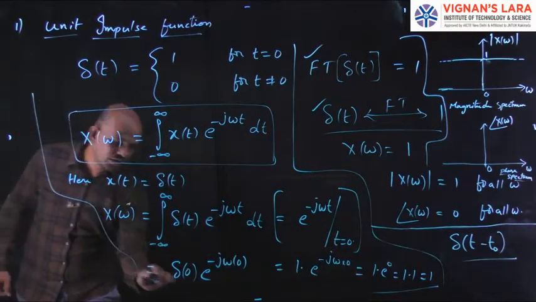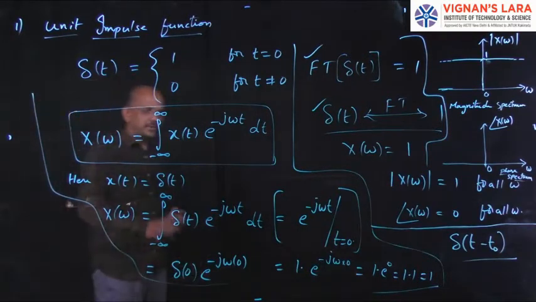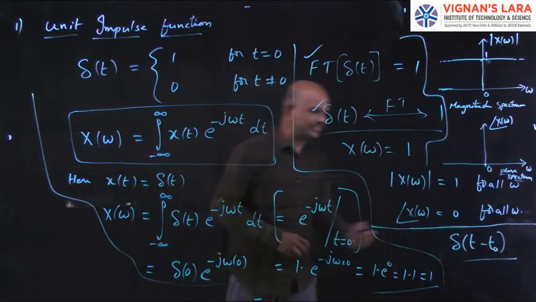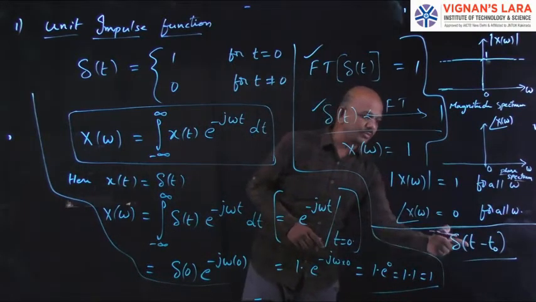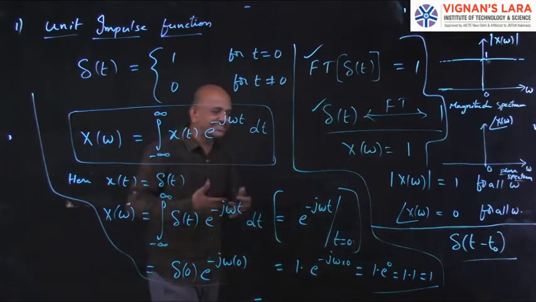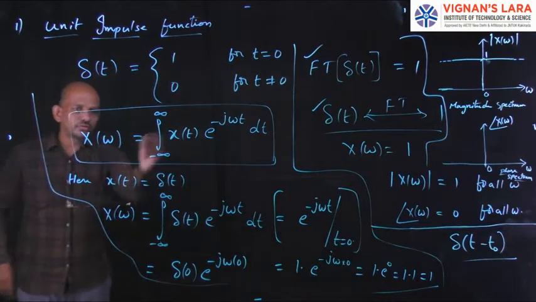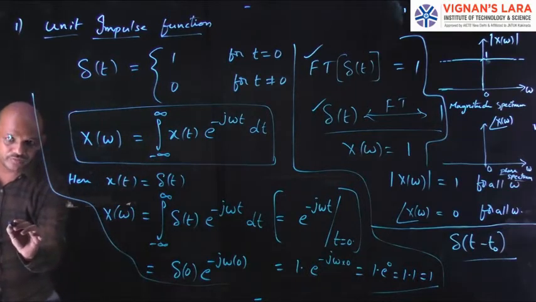Simple. How can you get that value? Here I have to find out the Fourier transform of del of t minus t naught. That is, our given signal is del of t minus t naught. Now what will be the formula?